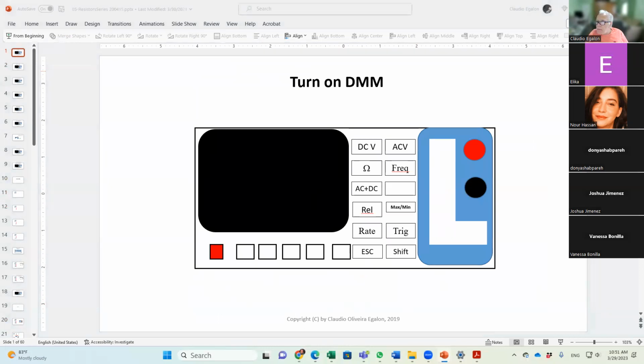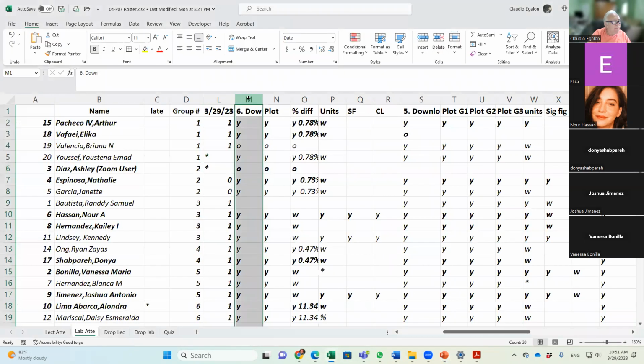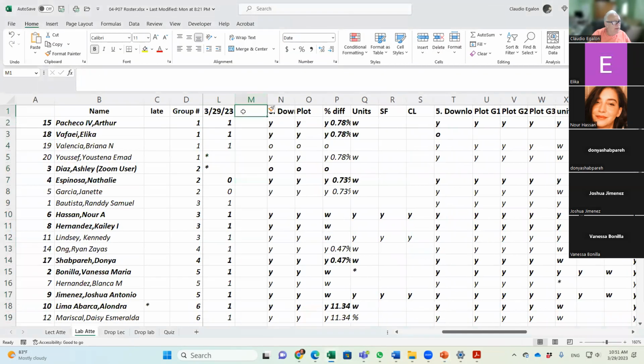So how many students do we have so far? 16. So the first thing is whether you downloaded it. Arthur Pacheco, have you downloaded the spreadsheet?